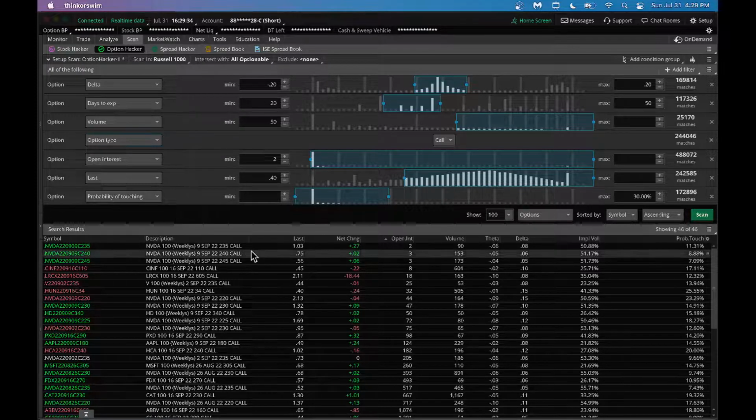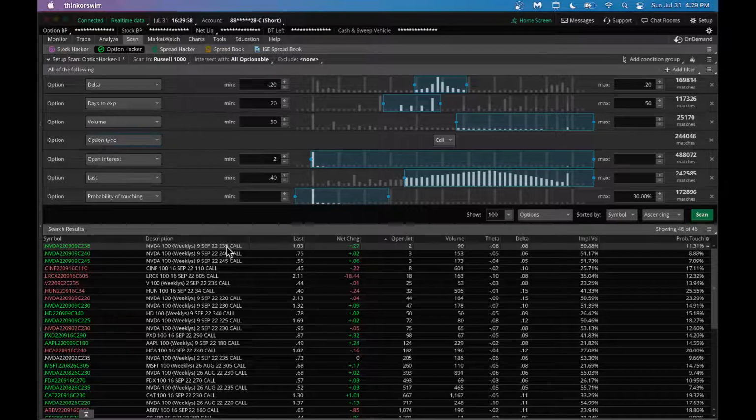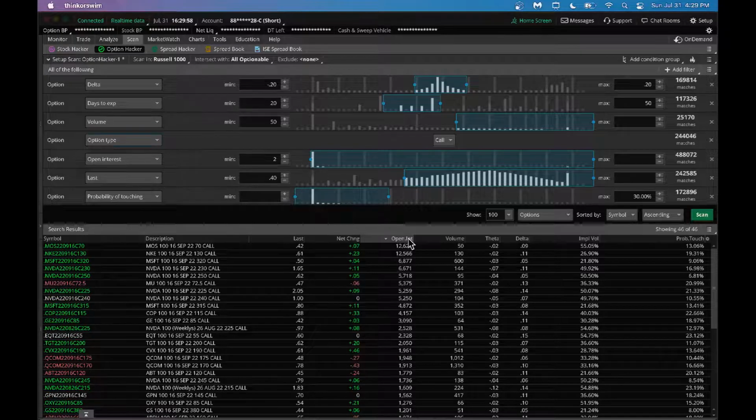And look, from a stock perspective, I've got NVIDIA here. I've got some calls coming up in NVIDIA. What this is telling you is that currently, see here, if you sell the 235 NVIDIA call, you can make around $1.03, which is $103. So what I could do by looking at this is sort this by open interest, so that way I could look at high open interest at the top here.